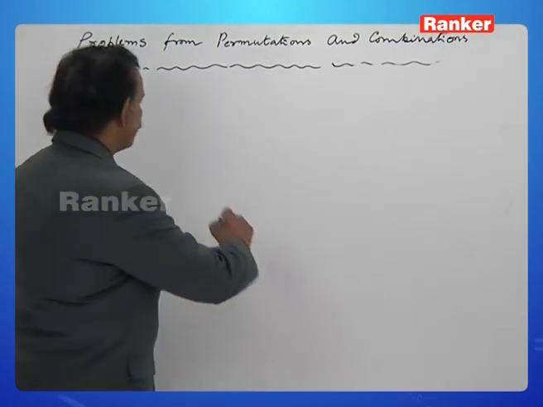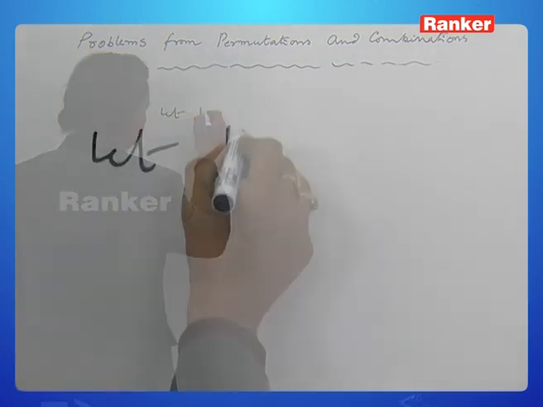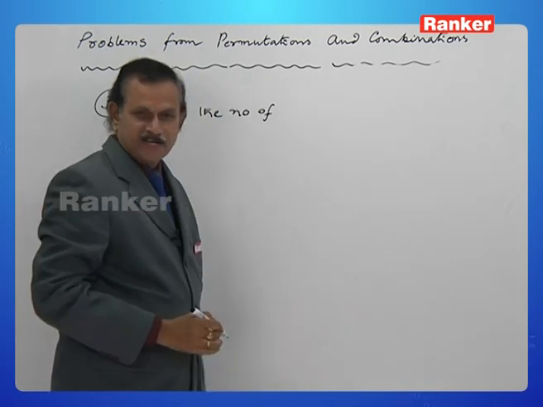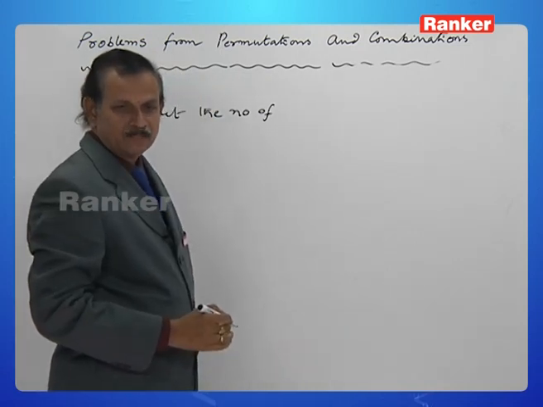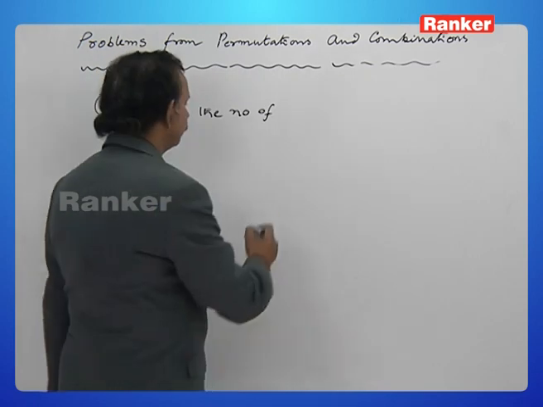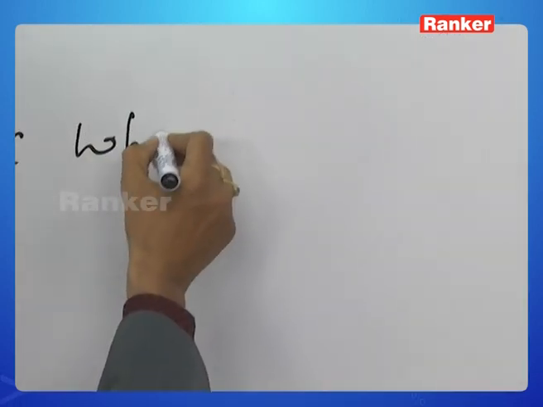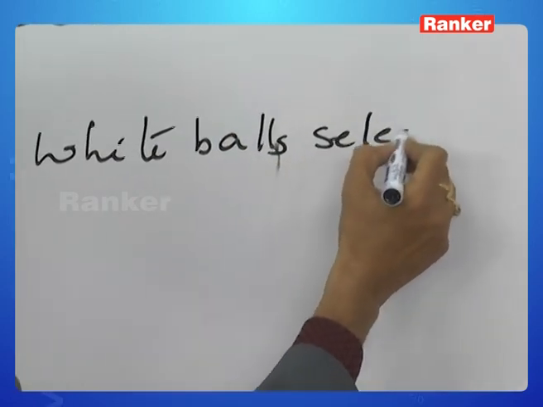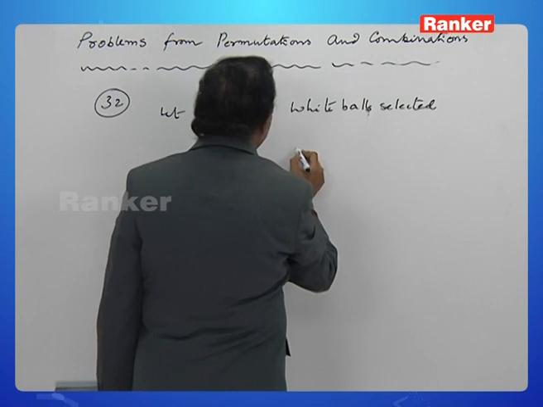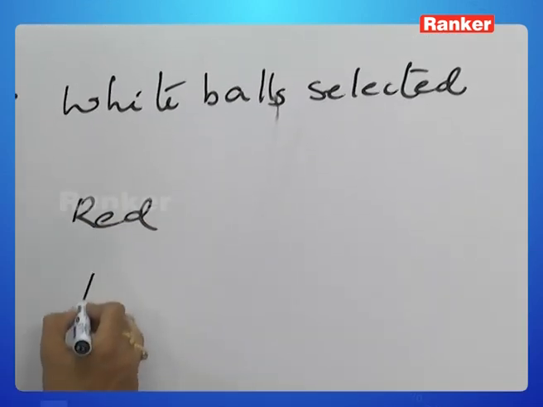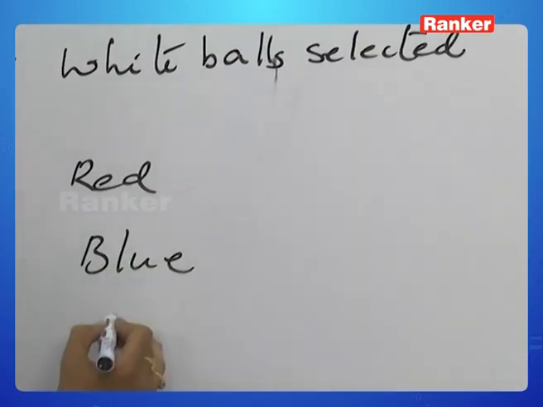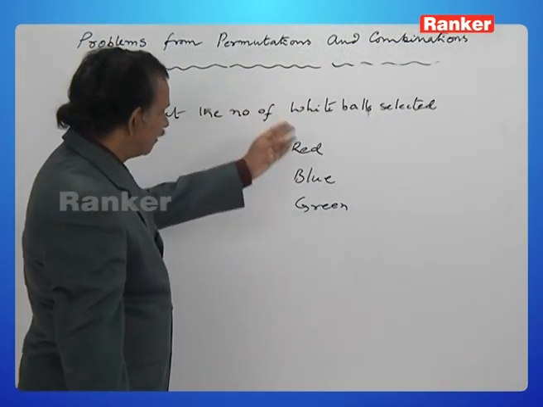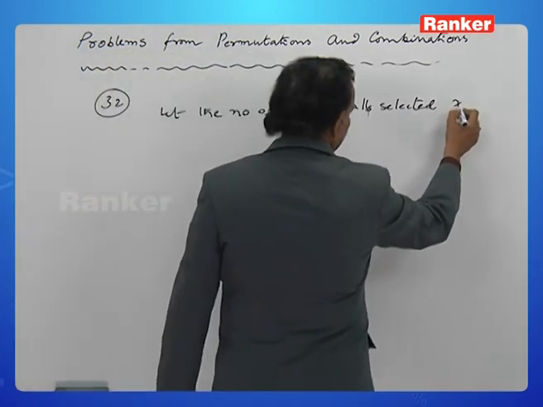Let me name what the different colors are: white, red, blue and green. Let the number of white balls selected be x1.